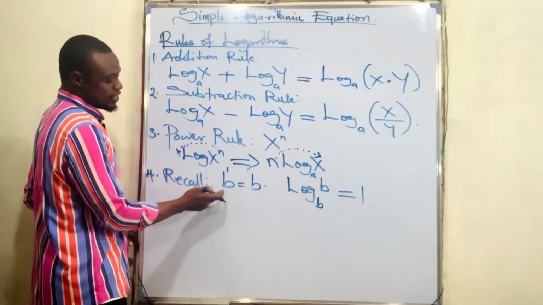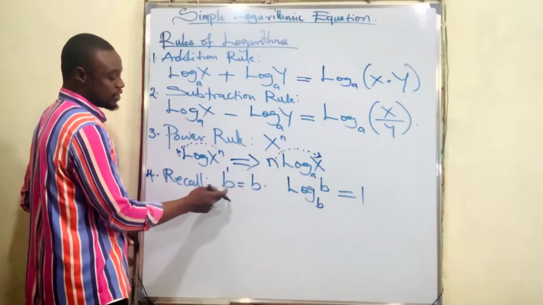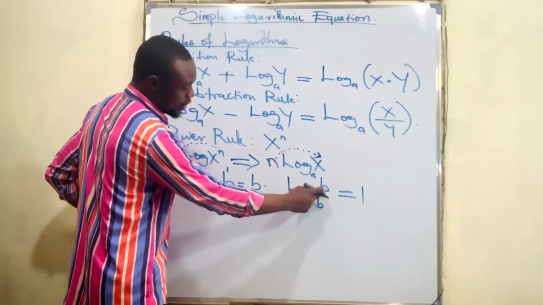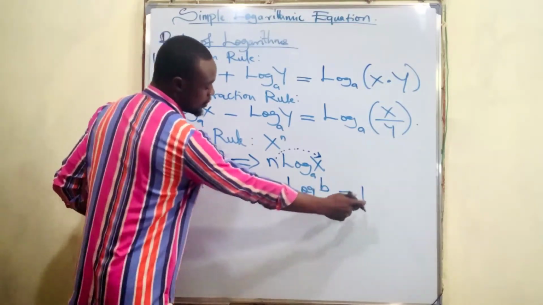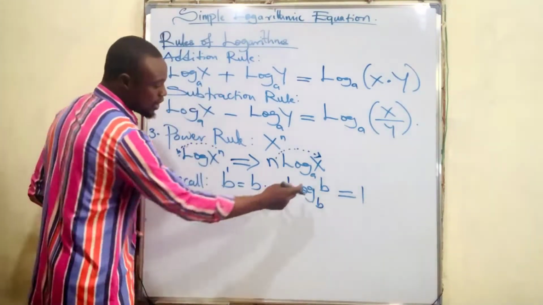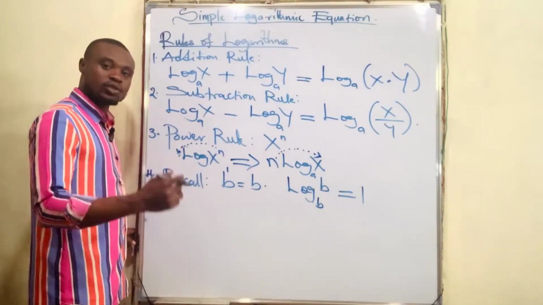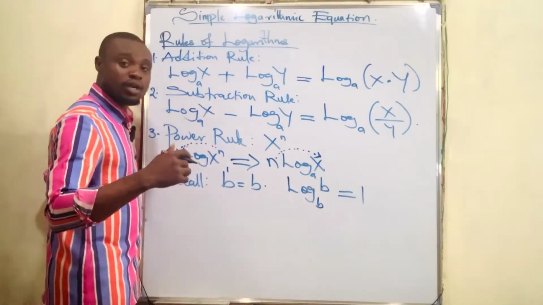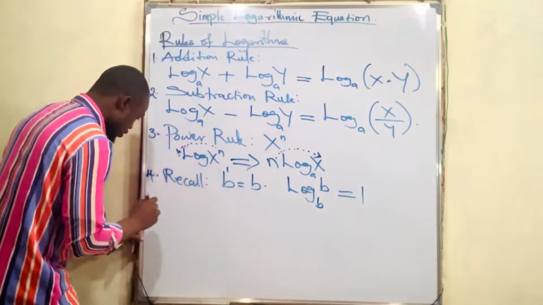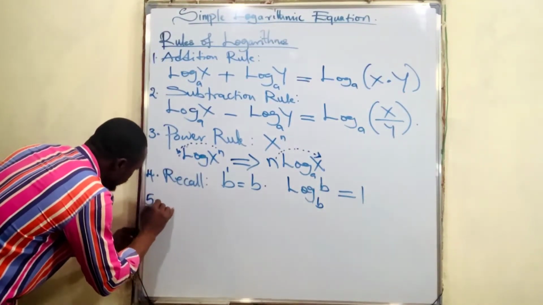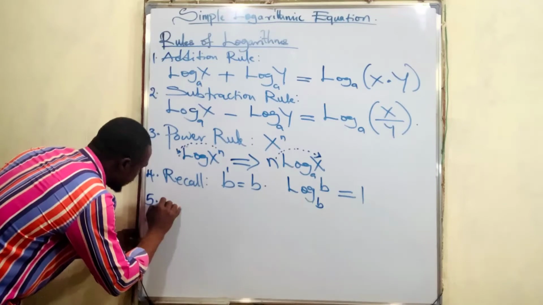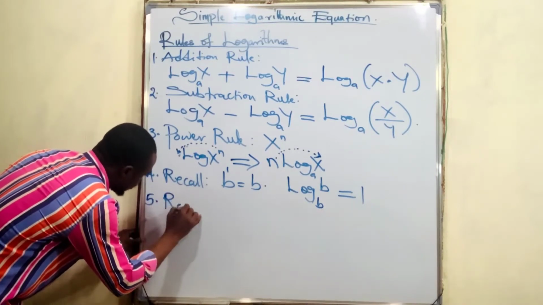Now this is the power and this is the base. So the log of b base b is equal to 1. Because they are the same, log of 3 base 3 is 1. Log 10 base 10 is 1. Log 100 base 100 is 1. Log 1 million base 1 million is 1.